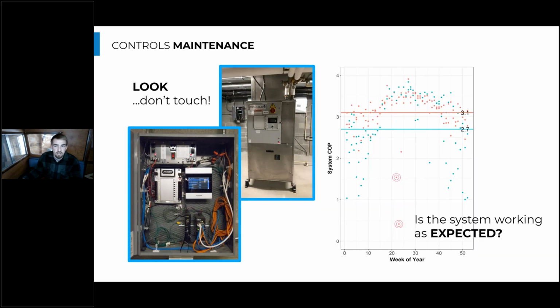And so a good rule when talking about controls maintenance is look but don't touch. Right? These controls are usually designed in a really sophisticated way to ensure that the heat pump is operating in its optimal conditions, given all of the ancillary components around it.